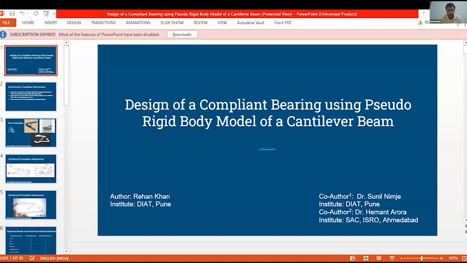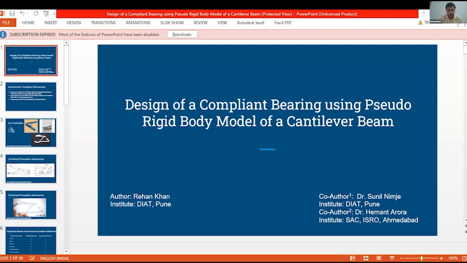It defines an elastic member as its corresponding rigid body member. For example, in this slide, a cantilever beam can be represented as two rigid body links connected through a torsional spring.